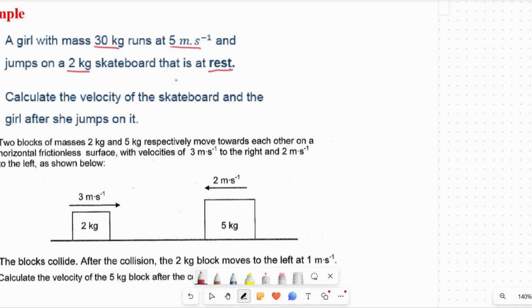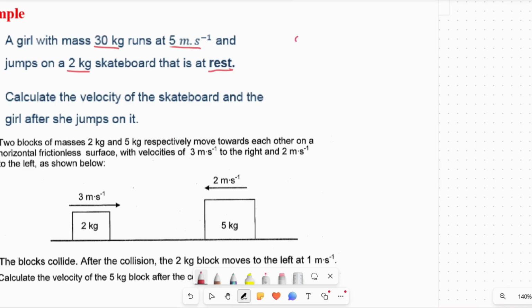Those are the key information that you extract whenever you are reading the statement. Then the question says calculate the velocity of the skateboard with the girl after she jumps on it. Now let's understand this so that we can have a better solution to the question.